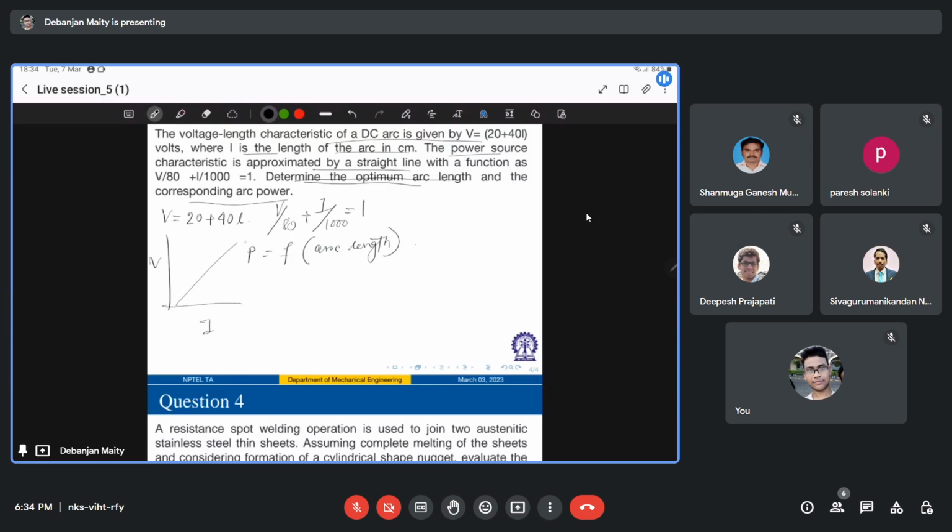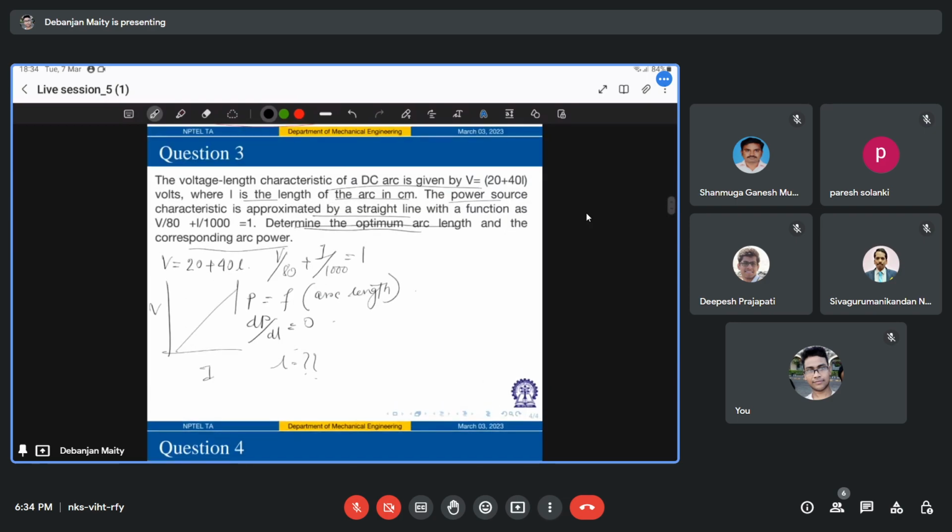And if you somehow find out this P as a function of arc length, then you can simply do dP/dL equal to 0, the differentiation as 0, and find out the optimum arc length. Correct? Is it right or wrong, this approach? Any response?